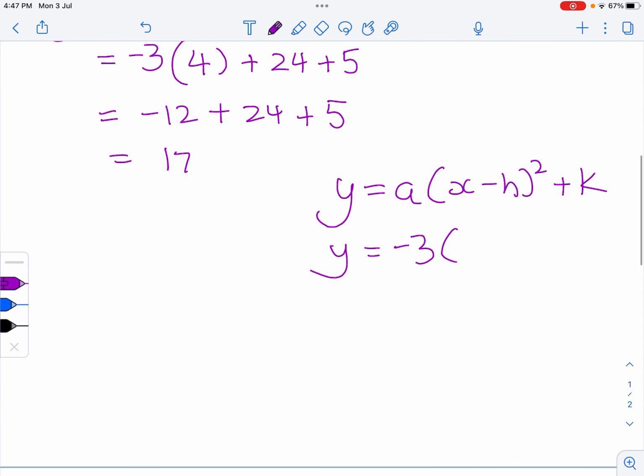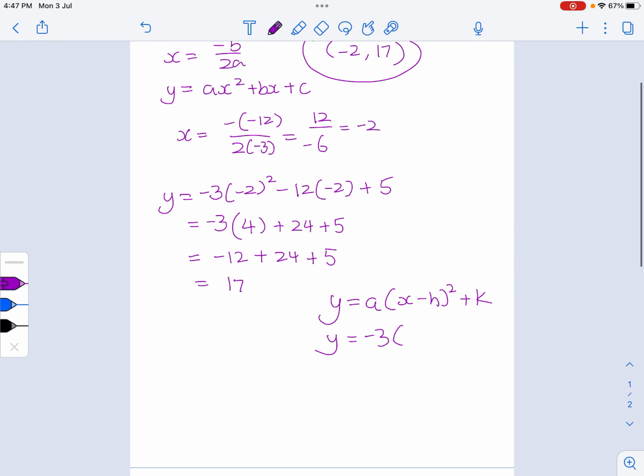And first of all, let me explain h and k. Whenever you hear vertex form, it's literally the name. The vertex form shows the vertex, and h and k represent the vertex. So h represents the x value of the vertex, and k represents the y value of the vertex.